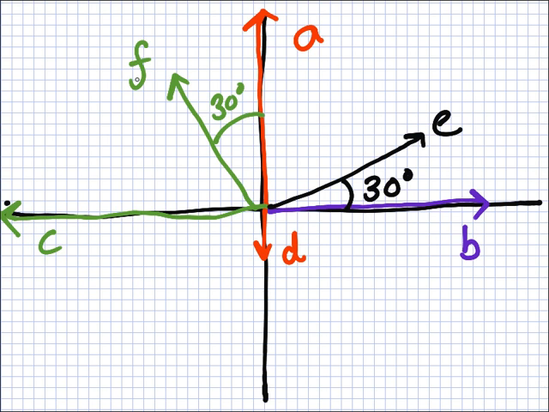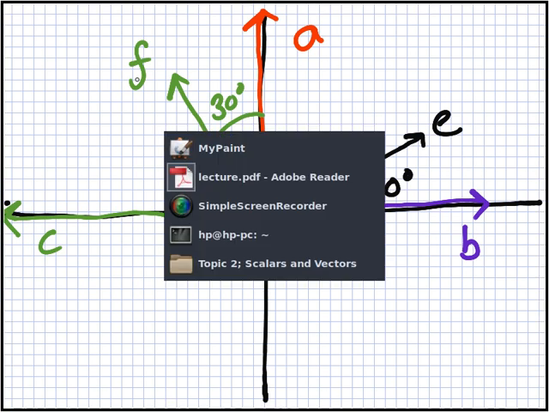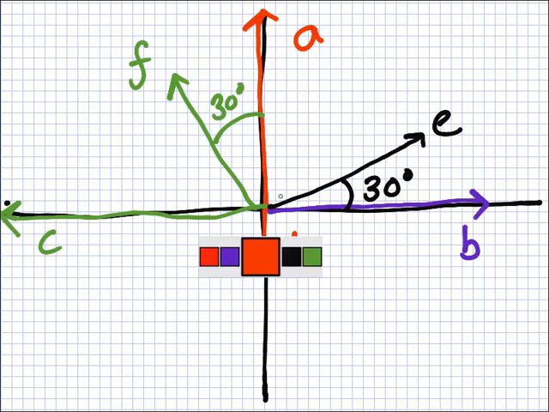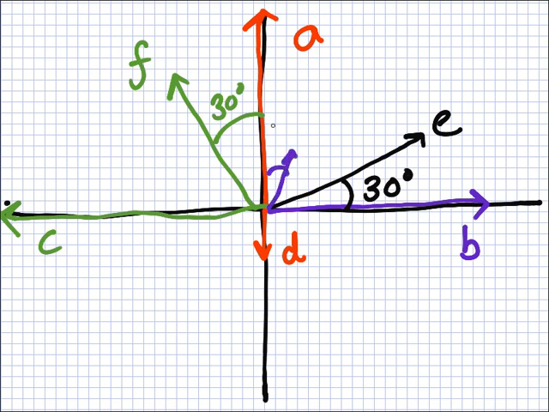Yeah? 1 meter per second bearing at 30. That's this one, where this is 30. That's what bearing means. Bearing means from the north.